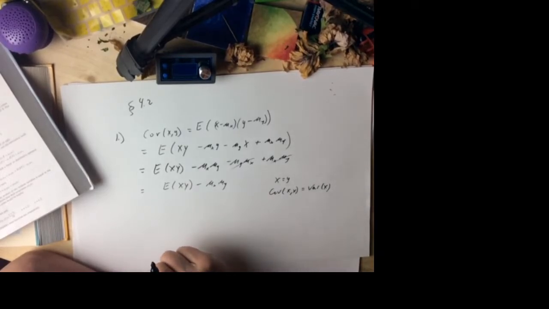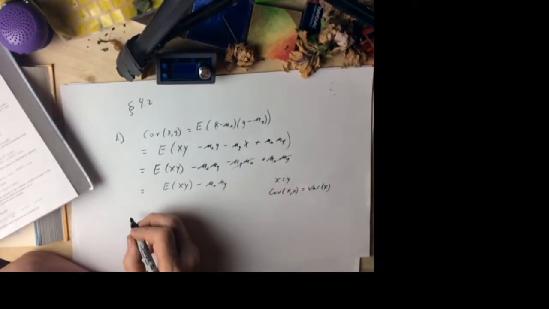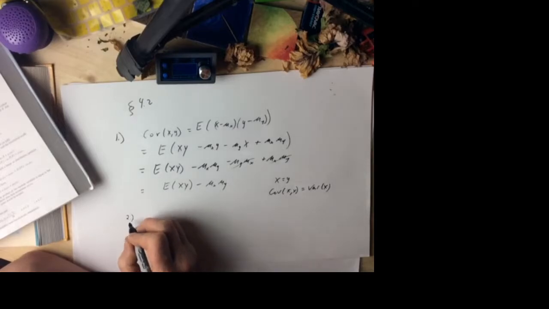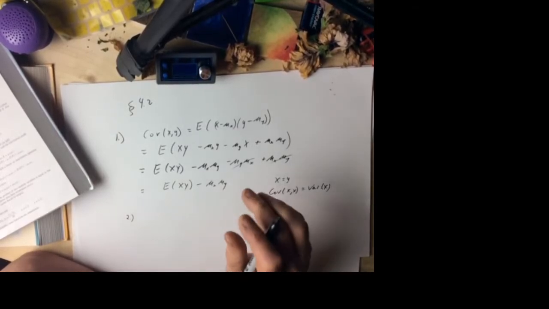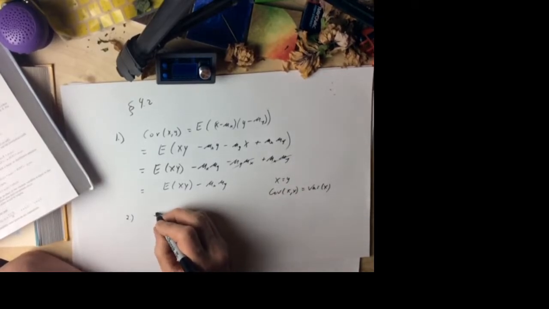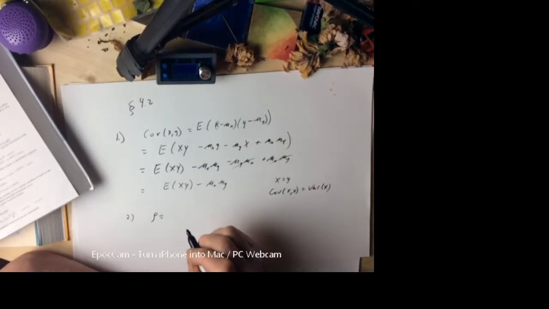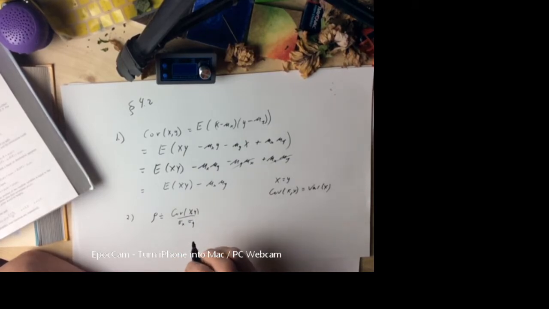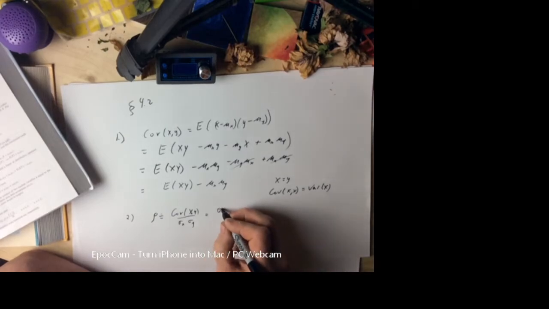Now, there's a second thing that's important in this section, is that we make a definition of a new concept. We're going to define the variable rho, and that's the Greek r, to be the covariance of xy over sigma x, sigma y, which, by the way, we also use this notation for the covariance.